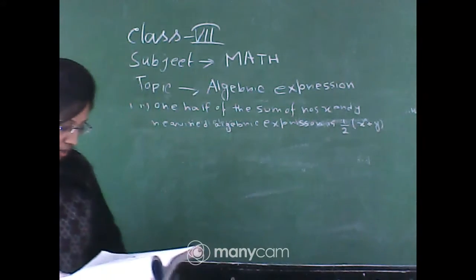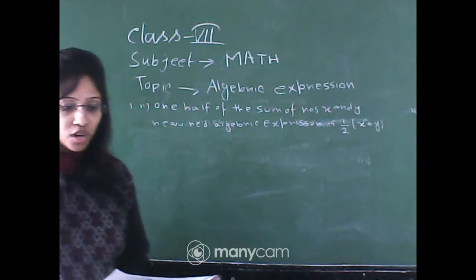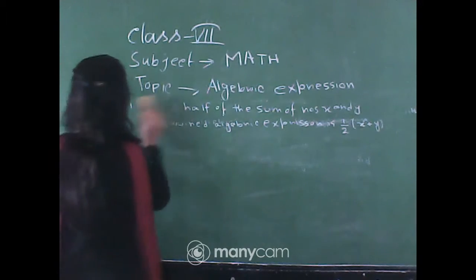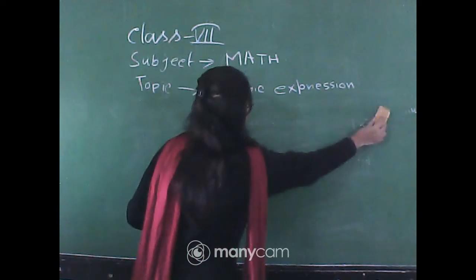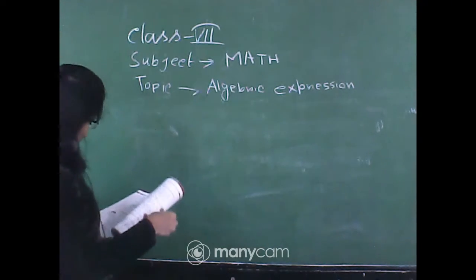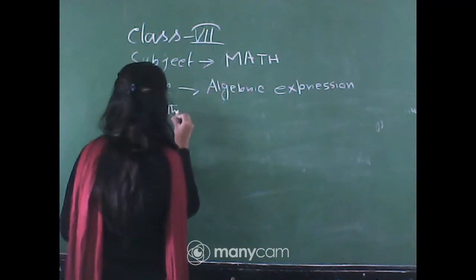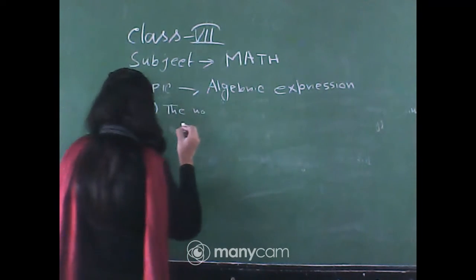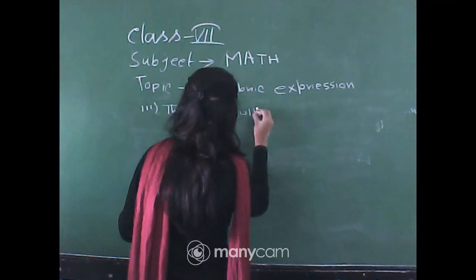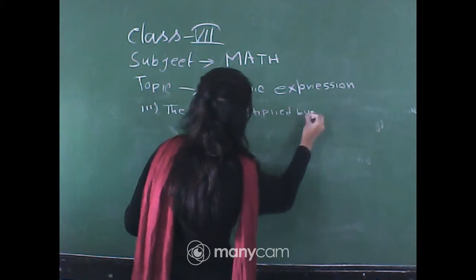Next, question number 3. The number z multiplied by itself. Then what's the algebraic expression? The algebraic expression will be the number z multiplied by itself.